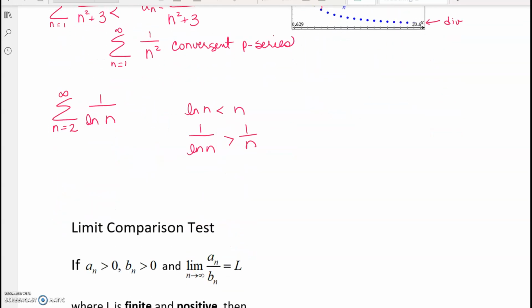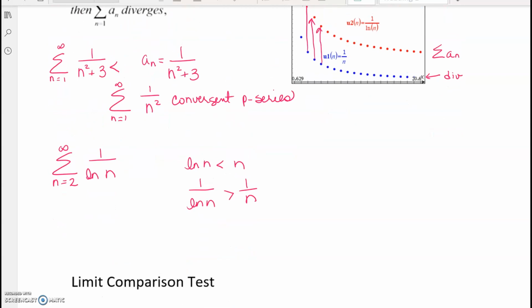Okay, so let's take a look at, without looking at a picture of anything, let's say we have the sum from n equals 1 to infinity of 1 over the square root of n, and let's go minus 1. Well, you know from the P-series that 1 over the square root of n, where p then is 1/2, is going to be divergent.